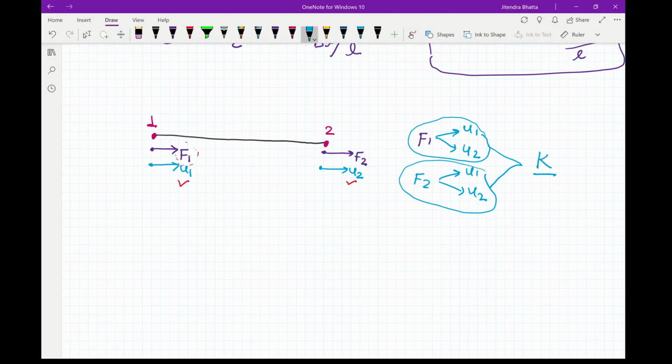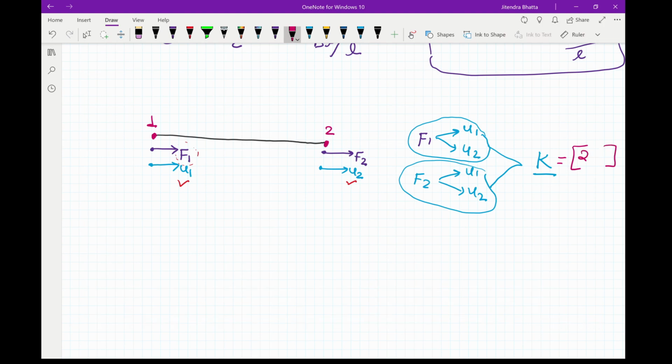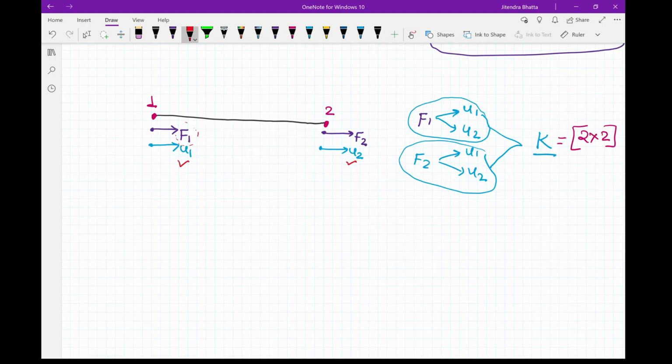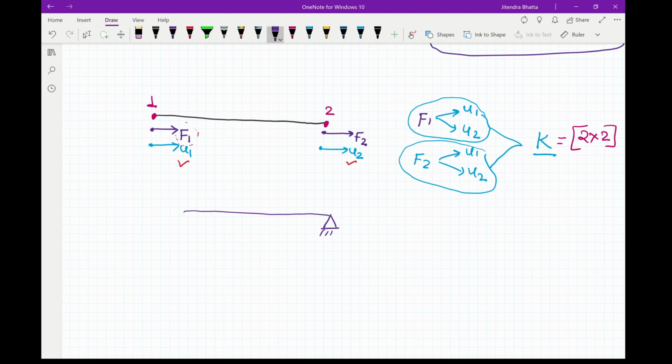Now this relation is the stiffness matrix. Generally, the size of the stiffness matrix will correspond to the number of nodes you have. Here you have 2 nodes. That means your stiffness matrix will be of size 2 by 2. Now the procedure to find the stiffness matrix is like this. We hinge or fix one end and apply a loading of F1 at degree of freedom 1.